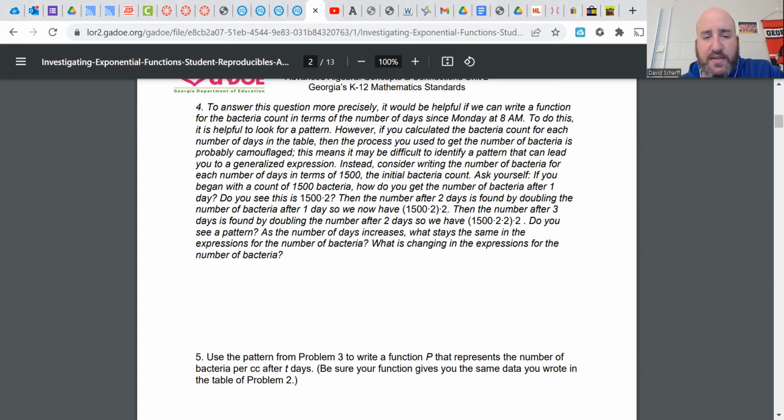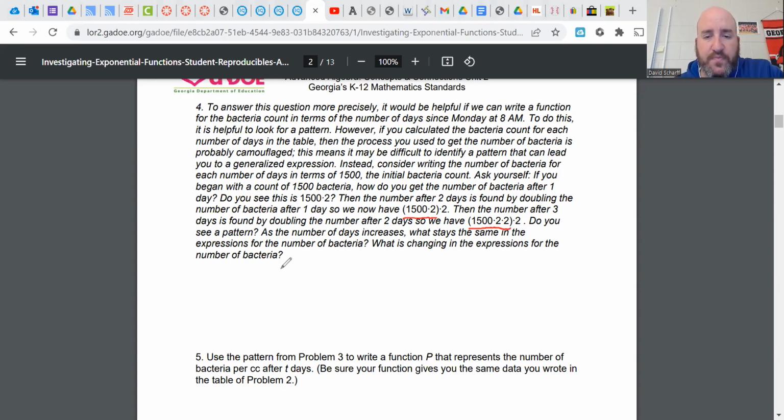Then after 2 days, we doubled what we had after 1 day. After 1 day was 1,500 times 2, and then we multiplied it by 2 again. Then after 3 days, we doubled what we had after 2 days. So now it's 1,500 times 2 times 2, and doubled again.